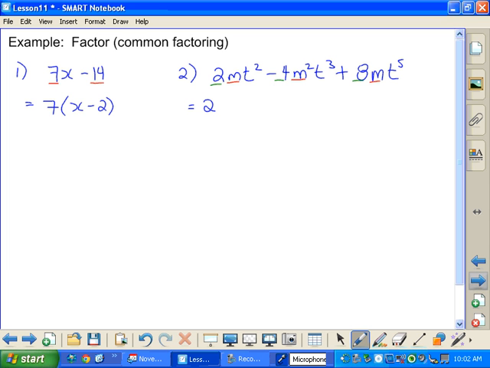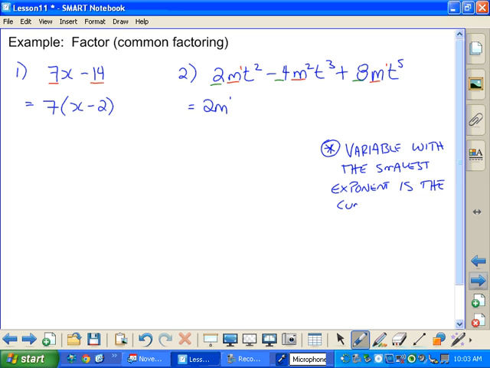So the exponent on this m is a 1. Here we have a 2 and a 1. So the smallest exponent would be m to the 1. All right, and I'm going to put this off to the side. The variable with the smallest exponent is the common factor.